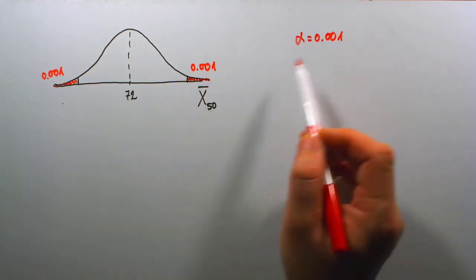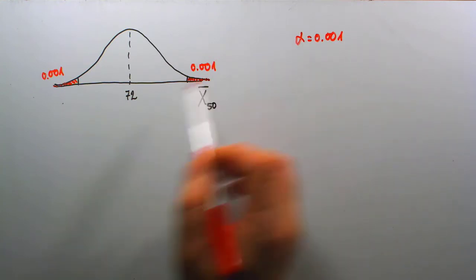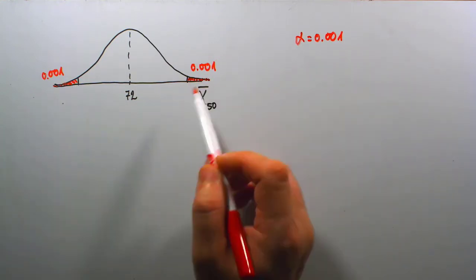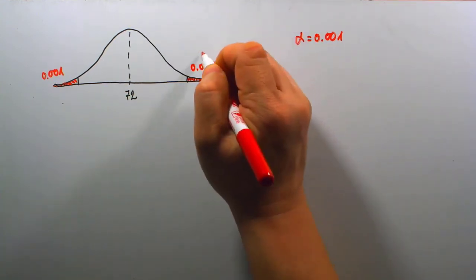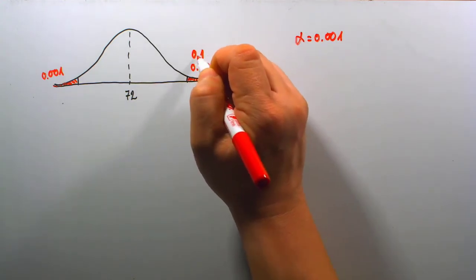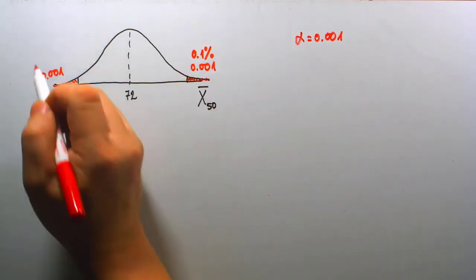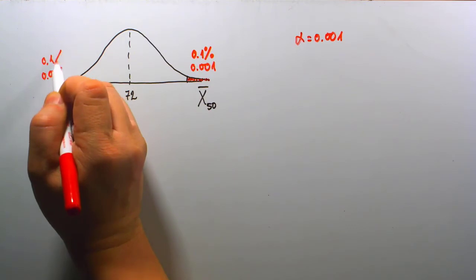So that is our significance level. The unlikely red area is our significance level in this case. And as a percentage, we have 0.1% here and 0.1% there on the left hand side.